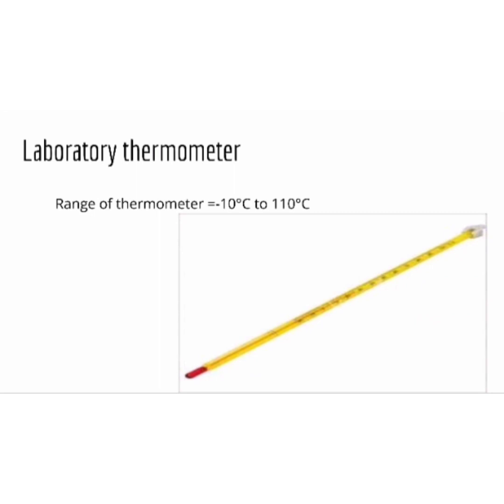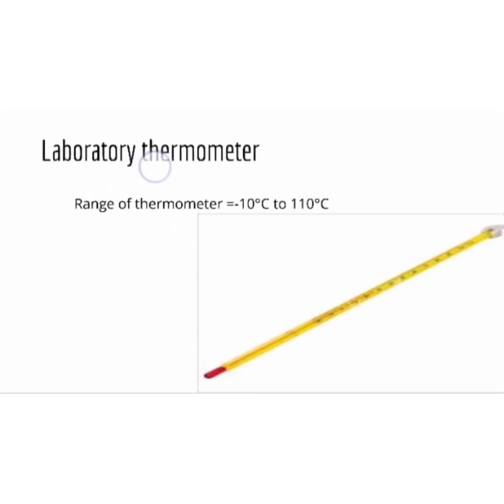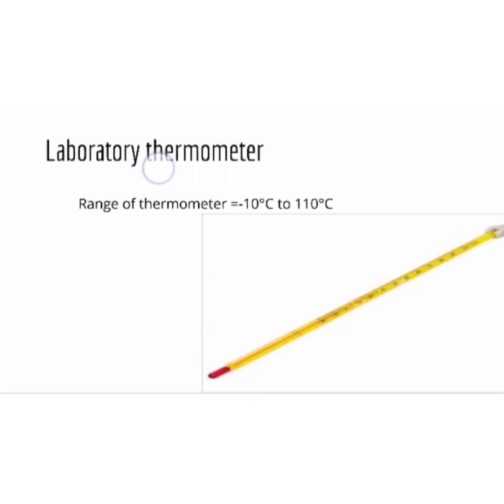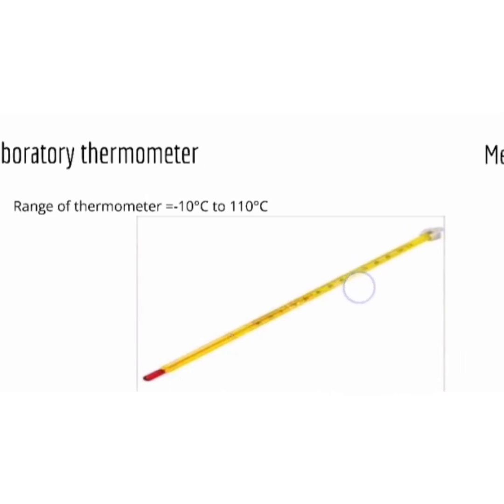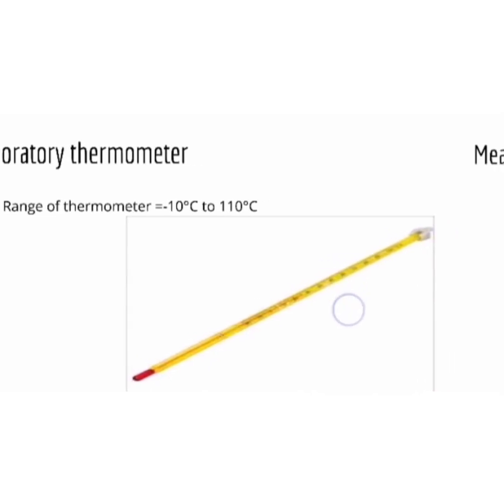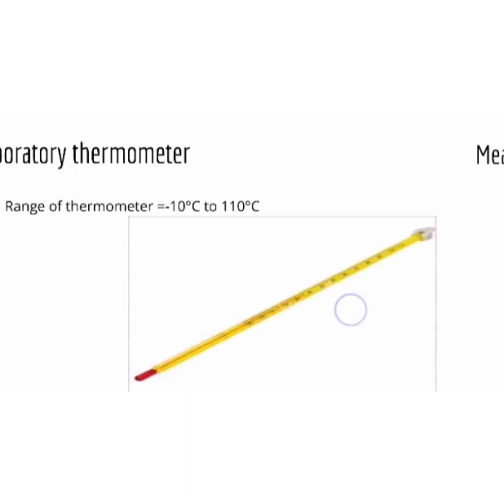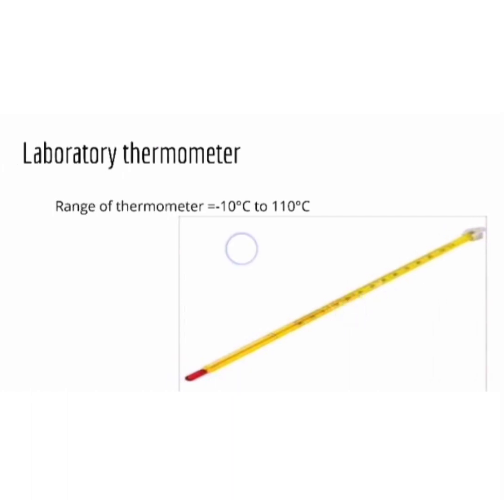For this purpose, there are other thermometers. One such thermometer is known as the laboratory thermometer. Look at it carefully and note the highest and lowest temperature it can measure. The range of the laboratory thermometer is generally from minus 10 degree Celsius to 110 degree Celsius.